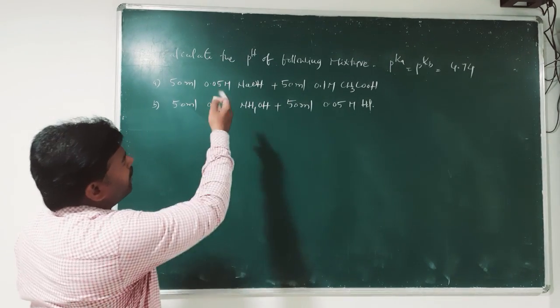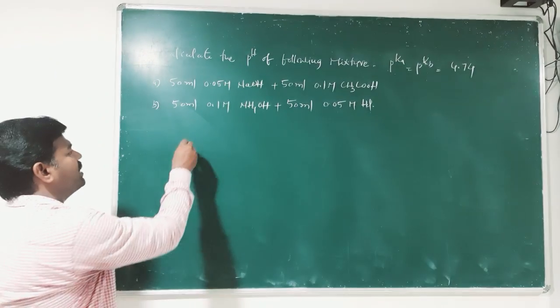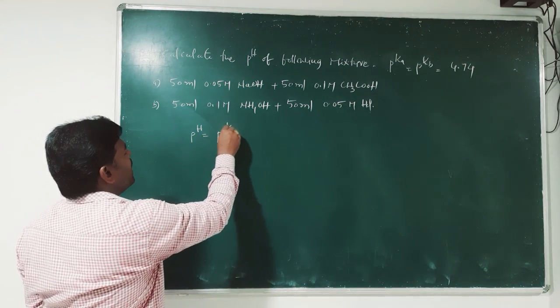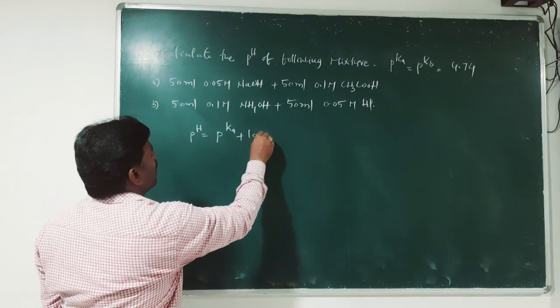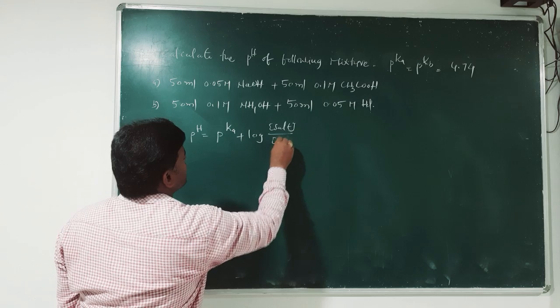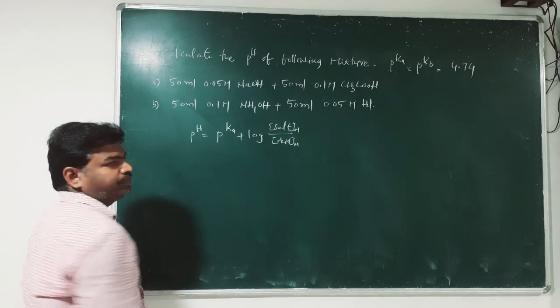So they ask to calculate pH. The pH of an acidic buffer is pH is equal to pKa plus log of concentration of salt by concentration of acid, in normalities or moles.